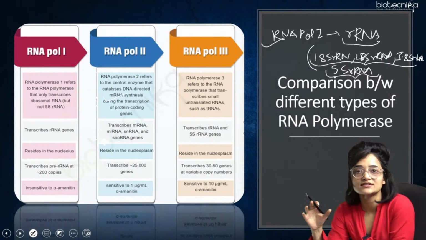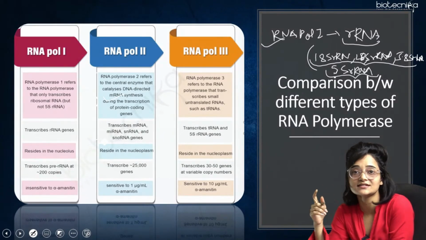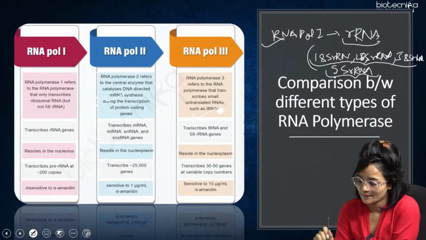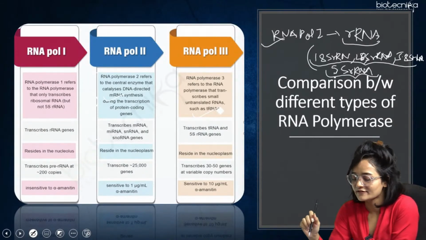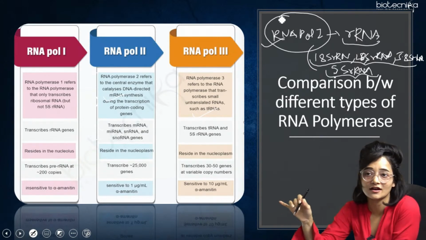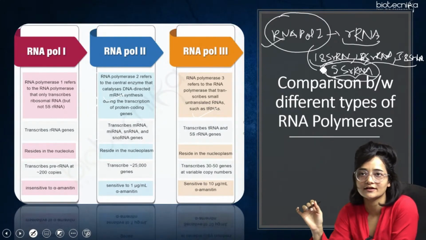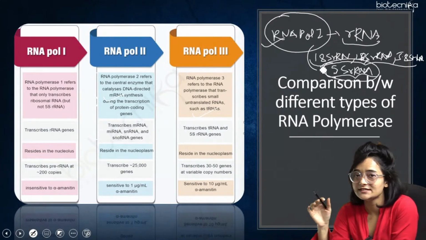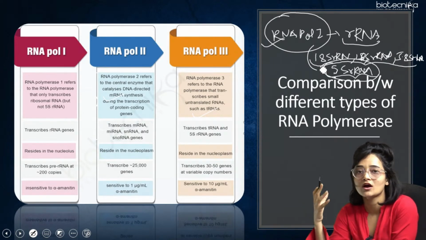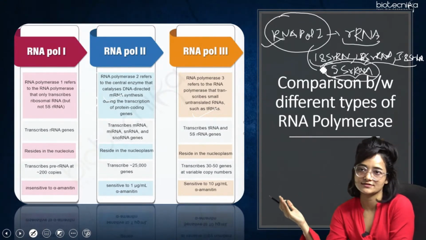Remembering the function of RNA polymerase 3 is also important because it transcribes the tRNA, right? And other than tRNA, the 5S rRNA that we said was left out by RNA polymerase 1 is synthesized by RNA polymerase 3. So all these activities are very important. Questions are frequently asked in CSIR NET related to what kind of RNAs are synthesized by what kind of RNA polymerase, right?